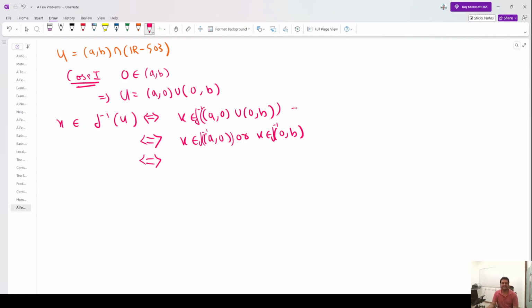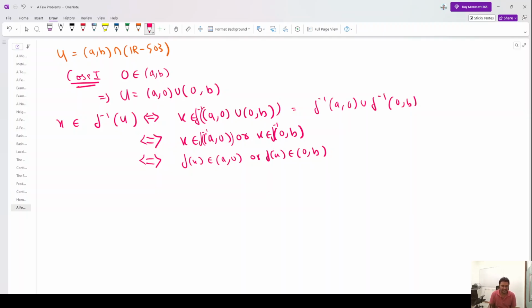Sorry for these silly things. Basically, this is f inverse of (a, 0) union f inverse of (0, b). The inverse image behaves well with union, intersection, and complements. So f(x) belongs to (a, 0) or f(x) belongs to (0, b).